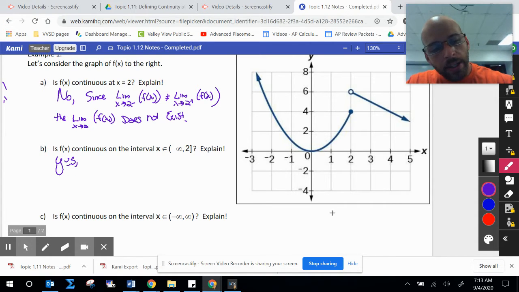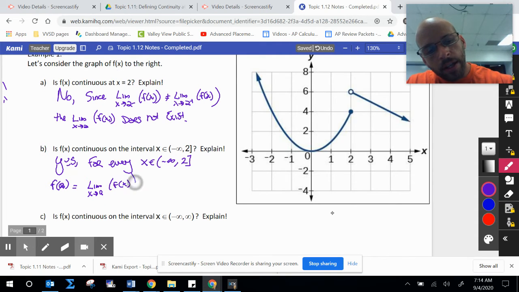And why is because for every x within, that's what this little symbol means, every x within negative infinity to 2, we know f of x is going to equal the limit, actually I'm going to say a, as x approaches a of f of x. We know that this is going to be true. I'm going to use an a here instead of an x.